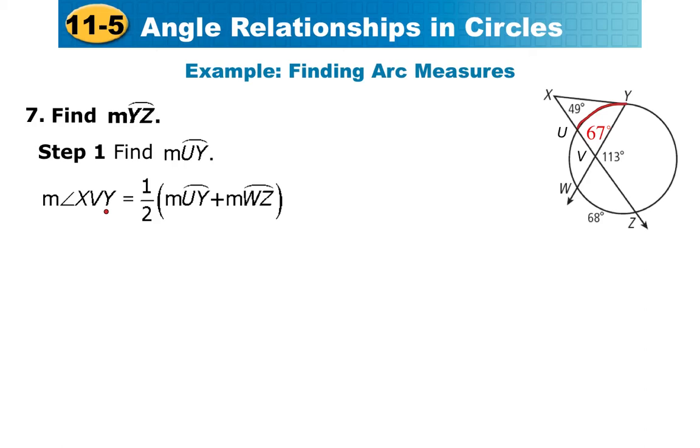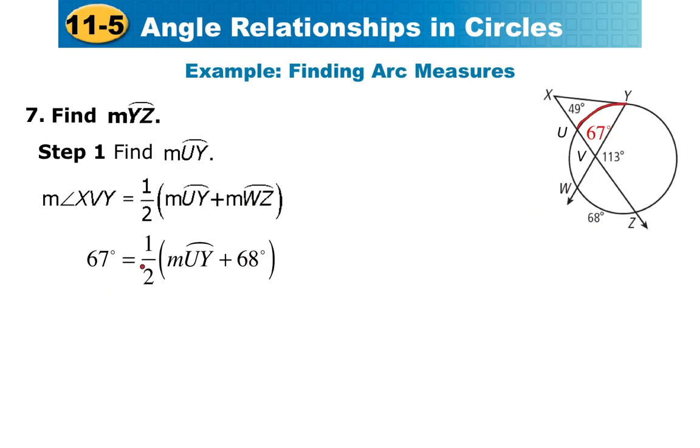I substitute the information that I know. This is XVY, 67. Bring down the 1/2. This is what I'm looking for, arc UY. And I also know that this is 68 degrees. It was given to me.